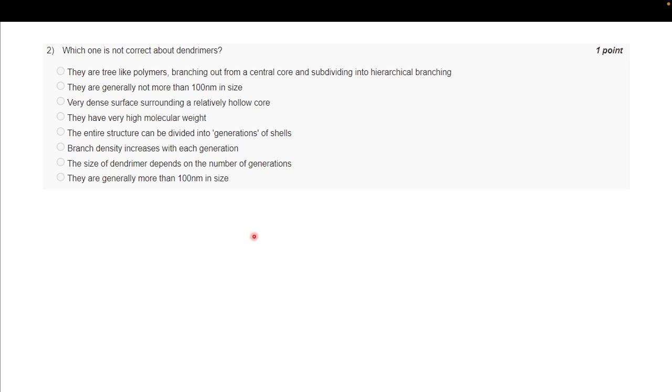No other response? Okay, we'll look at the answer then. The correct answer is they are generally more than 100 nanometer in size.